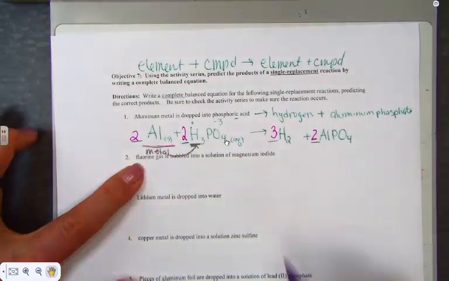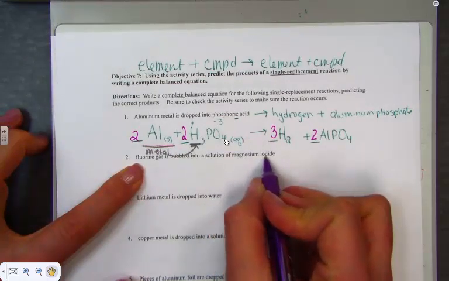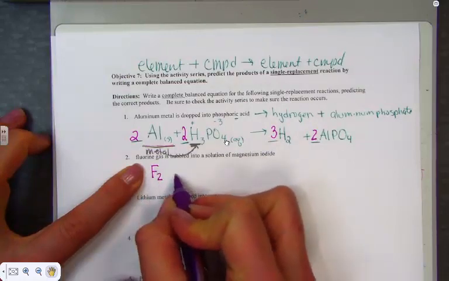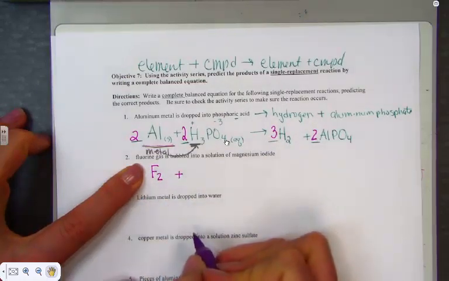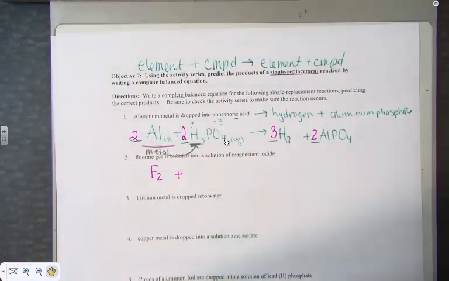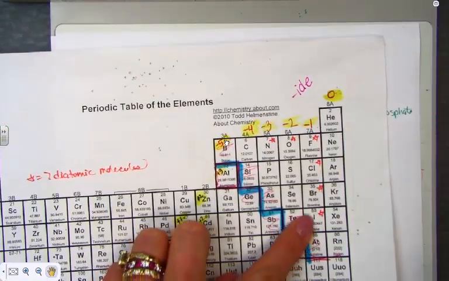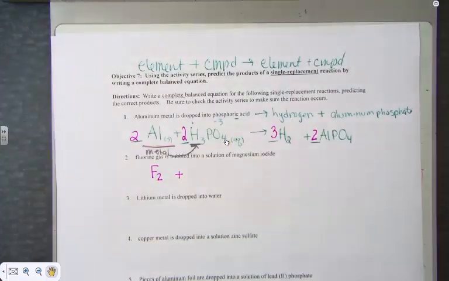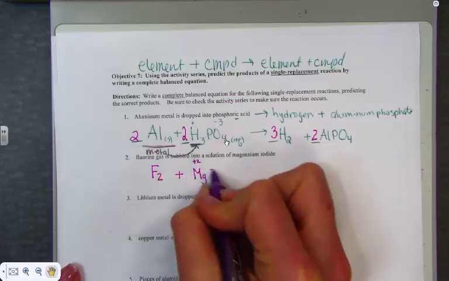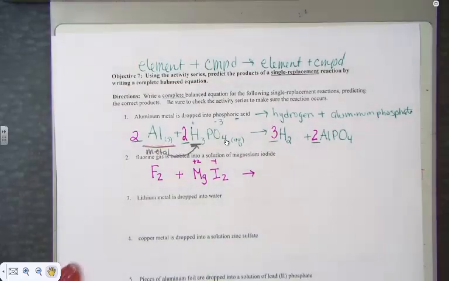When fluorine gas is bubbled into a solution of magnesium iodide, elemental fluorine is written F2. Magnesium with its +2, iodide with its -1. Magnesium iodide, based on charge, MgI2.